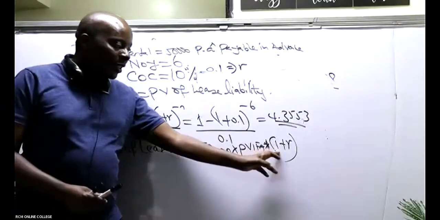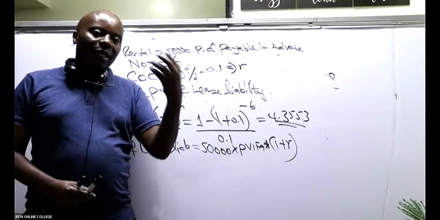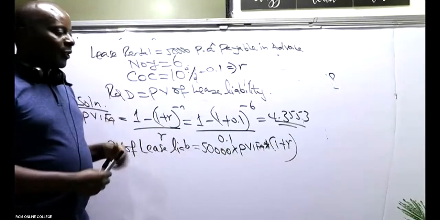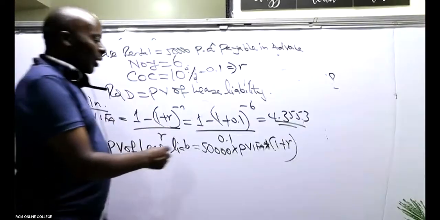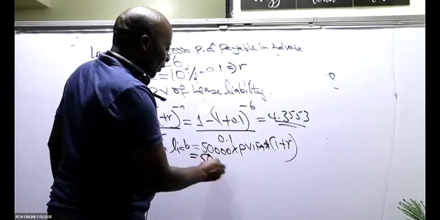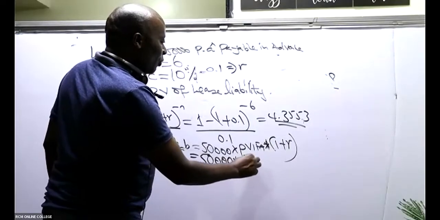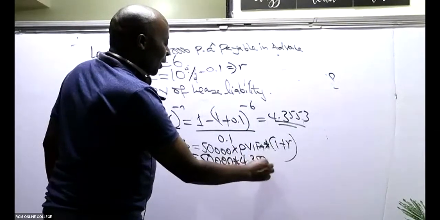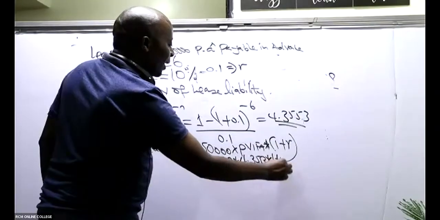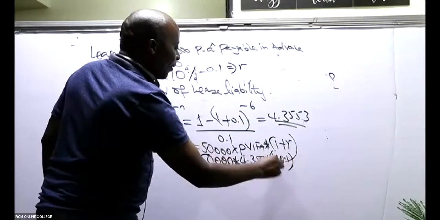You should always add this 1 plus R, taking care of that term which comes up front. So this will be 50,000 times our PV factor of 4.3553 times 1 plus 0.1.